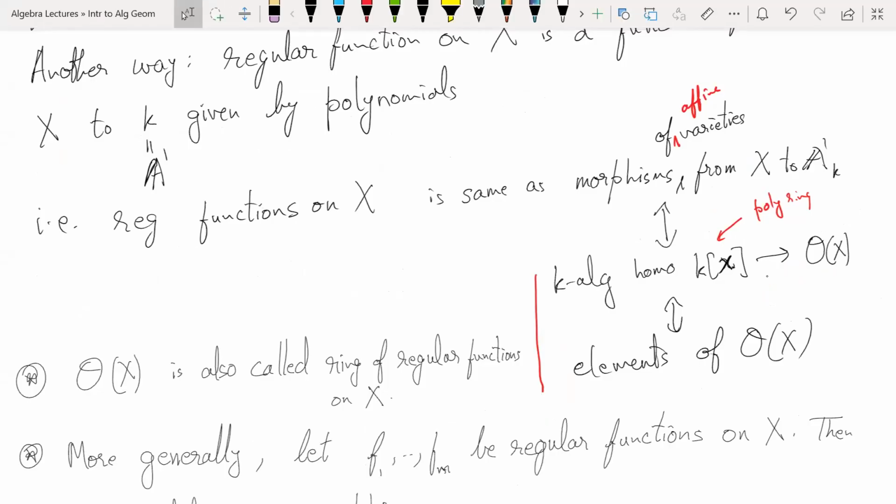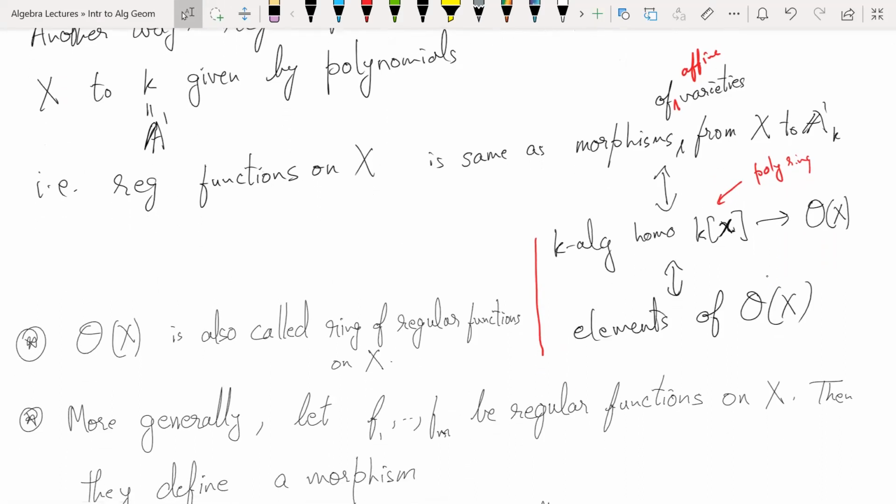So this idea you can extend a little bit more. More generally, if you are given m regular functions on X, then it defines a map from X to A^m_k.